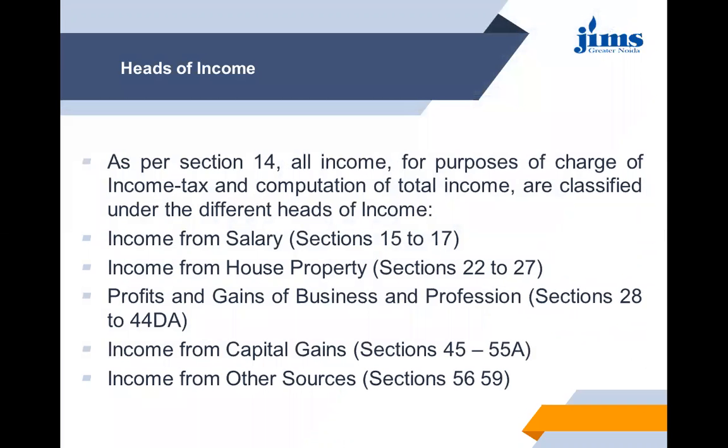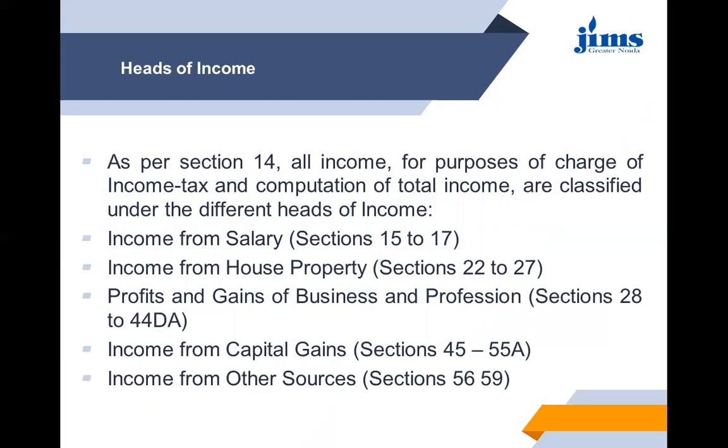Let's begin. What is the meaning of total income? As per section 14, all the income for the purpose of charge of income tax and computation of total income are classified under different heads of income. So in this computation of total income, the total income is calculated on the basis of the incomes charged under different heads.